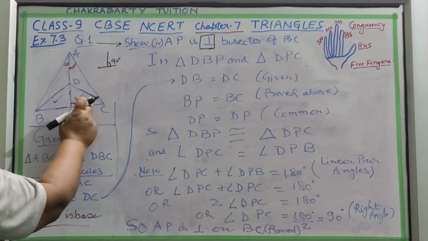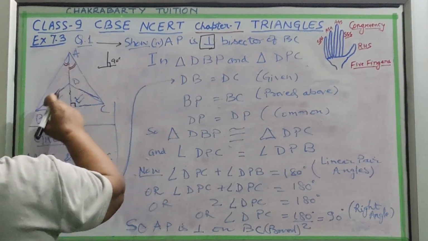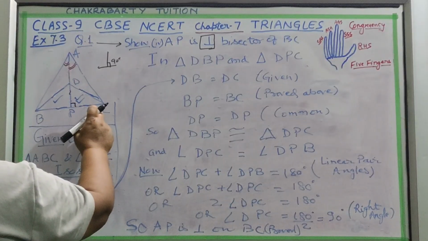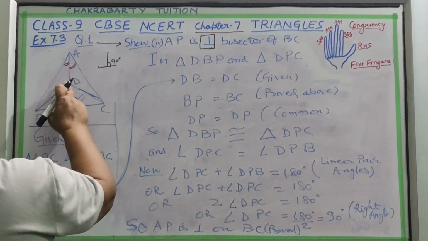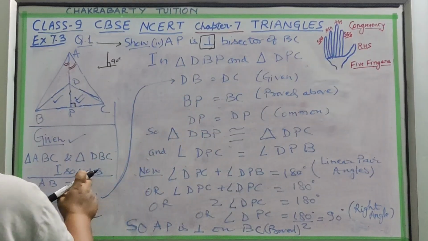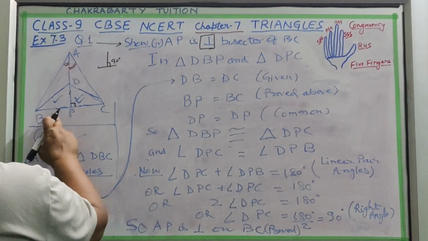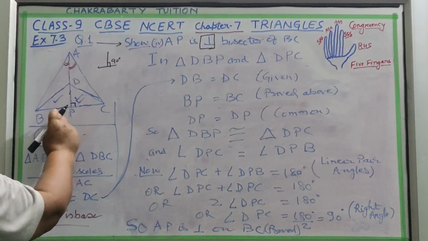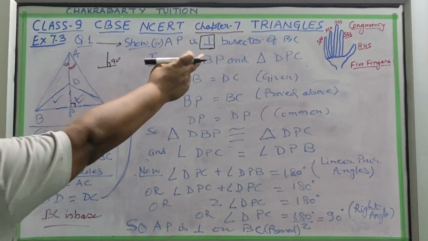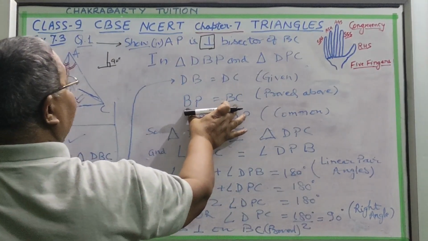So in triangles DBP and DPC, DB is equal to DC, it is already given in the question. BP and PC we have already proved equal, as AP is the bisector of BC, just above we have proved.